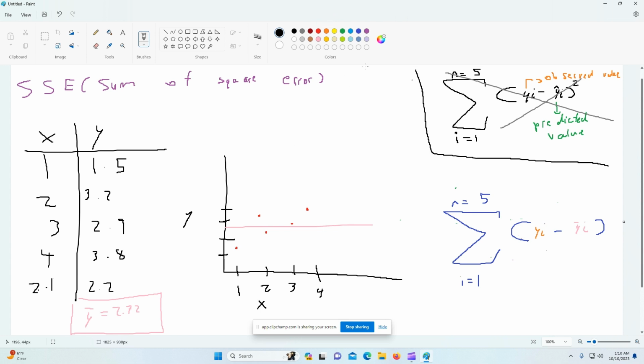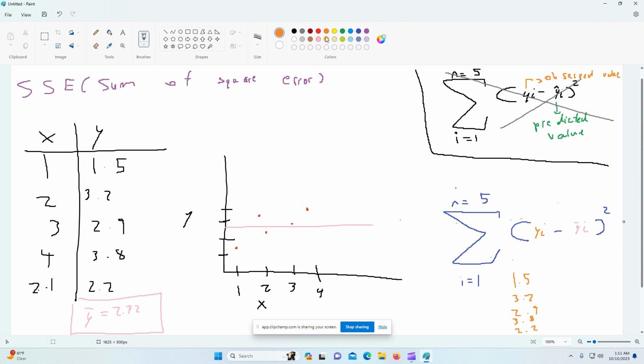So now it's literally the exact same idea, except we're just subtracting by the mean. So our observed values, 1.5, 3.2, 2.9, 3.8, and 2.2.